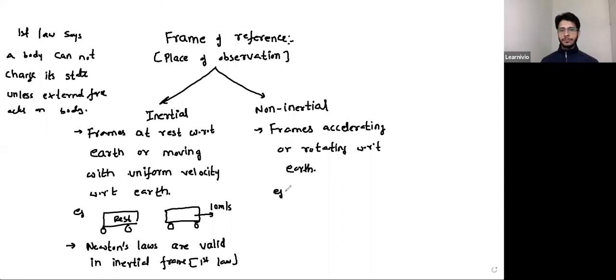For example, if I take a car moving with a continuously increasing velocity, that means the car is accelerating. This is an example of a non-inertial frame. Or a sphere rotating about its axis is again a non-inertial frame.